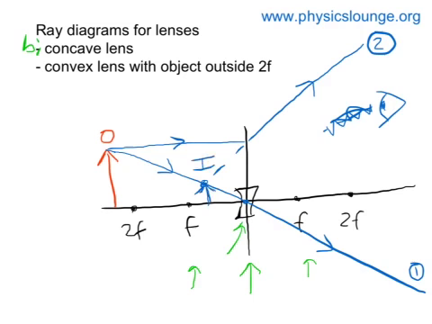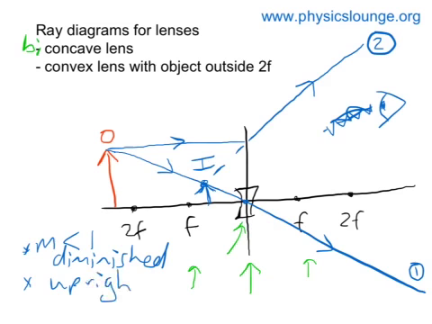Okay, so you would think this is a bit of a pointless lens because it shows an image that's smaller, that is, the magnification is less than 1, or we might say it's diminished. But they can be useful for correcting lenses, for glasses and things like that. But so that's one part of the nature of the image. We must consider the rest. It's upright, so it's vertically oriented the same way as the object.